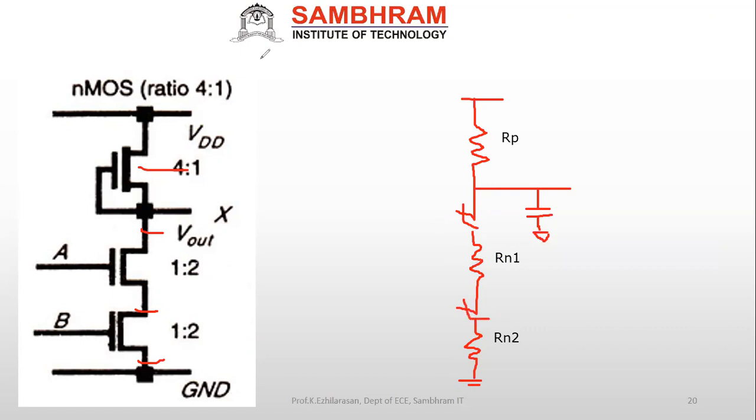This is your A, this is B, this will be your CL, this will be your VDD, this is VSS, this is V out.